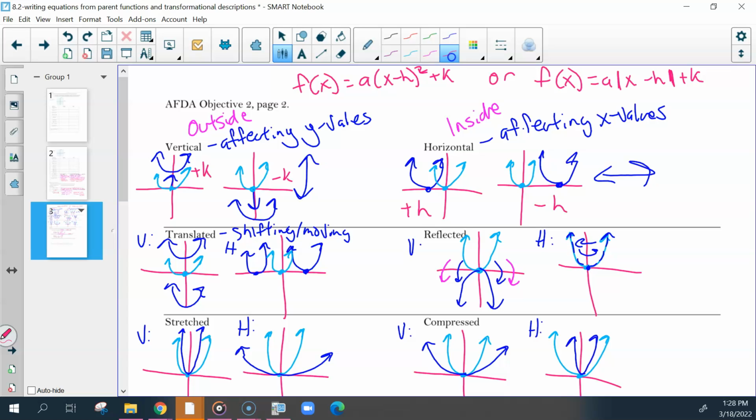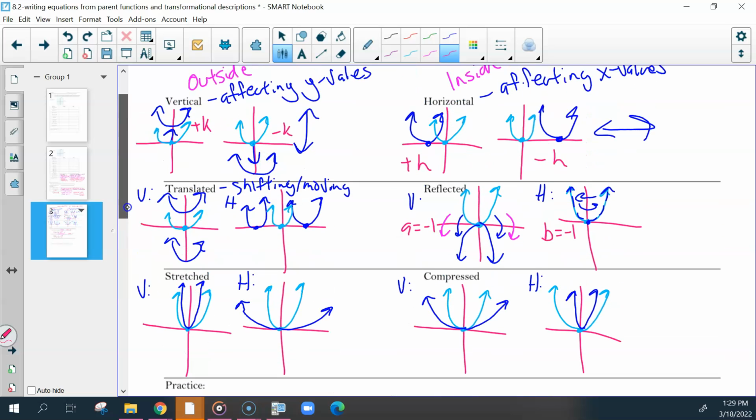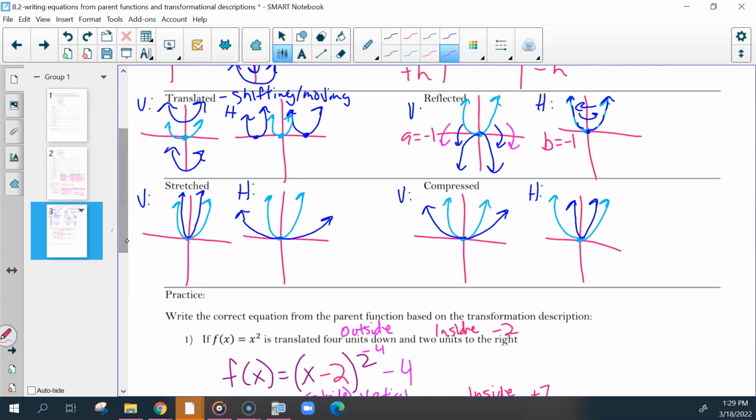So then reflected would be A is -1. Actually, I think there's another letter because there's something here too. Maybe it's a B. Sure, let's say it's a B. But a horizontal reflection would be B equals -1. A stretch would be A is greater than 1, so it'd be some whole number.